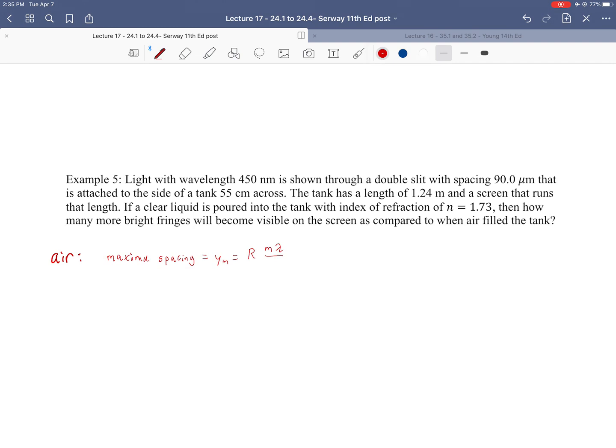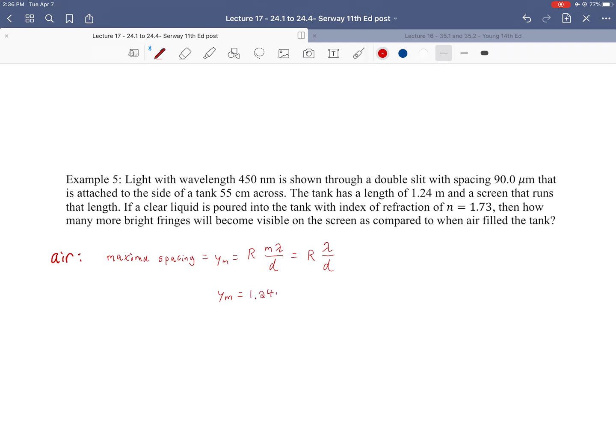And that's just going to be r m lambda over d, but of course here m is 1, so we can just rewrite that as r lambda over d. In this case, since it's air, the lambda will be the one that's given, the 450 nanometers.